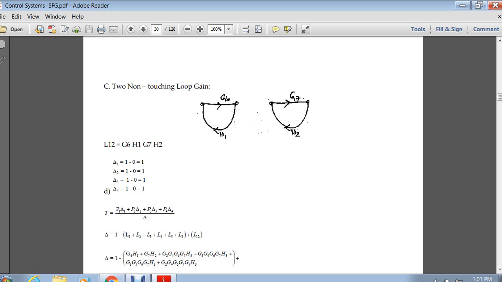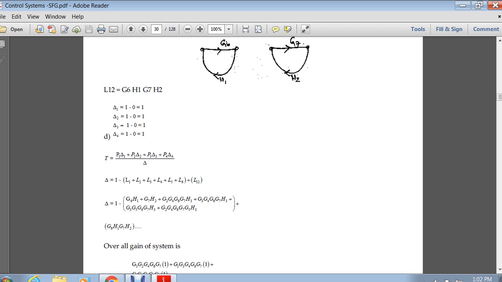Now we need to find the overall transfer function of the given system. That is equal to P1 delta 1 plus P2 delta 2 plus P3 delta 3 plus P4 delta 4 by the determinant of the whole system. Here we need to find the delta value, which is equal to 1 minus the individual loop gains plus the sum of the gains of possible combinations of non-touching loops L12.